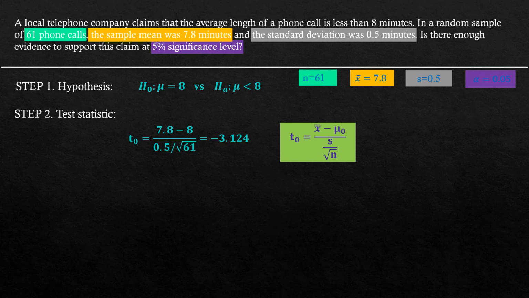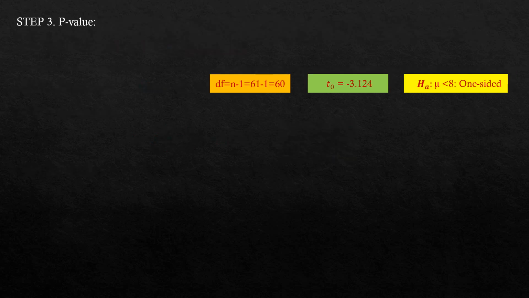Then what is the third one? The third one is to find the p-value. Before we find the p-value, go back to the alternative hypothesis. You know the alternative hypothesis is mu less than 8. That means it is one-sided and left tail. So how do we find the p-value of a left tail test? Go to the degrees of freedom.